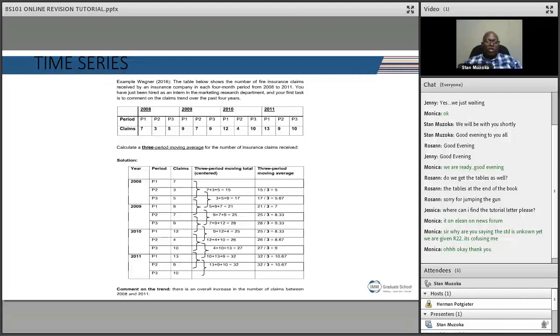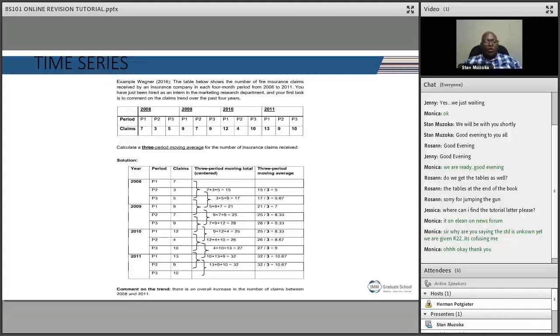Once you've got no dropping and picking up to do, you then have your 3-period moving totals. Let me get the 3-period moving averages. You divide each one of them by 3 because you have been adding 3 numbers at a time.